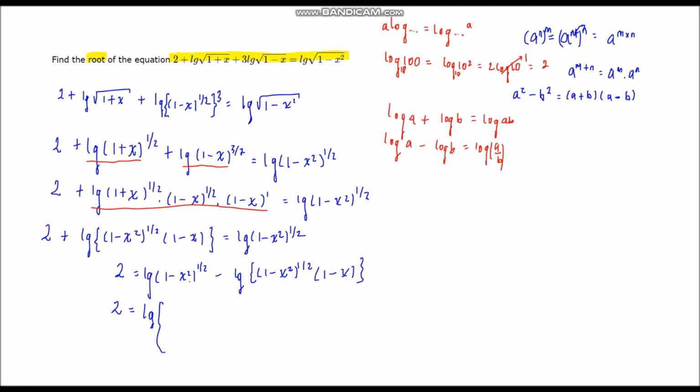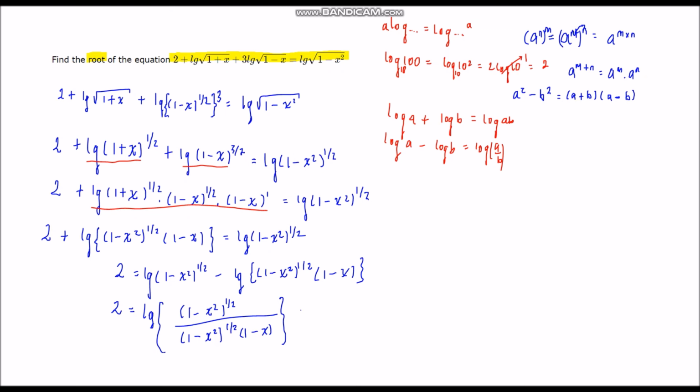So this is going to be, sorry, the video was cut before, but we're here. (1 minus x squared), I'm just writing this part, to the power of half over, oh, my bad, you don't have to write the log anymore. No more log here. Times this expression inside the log, which is (1 minus x squared) power half times 1 minus x.